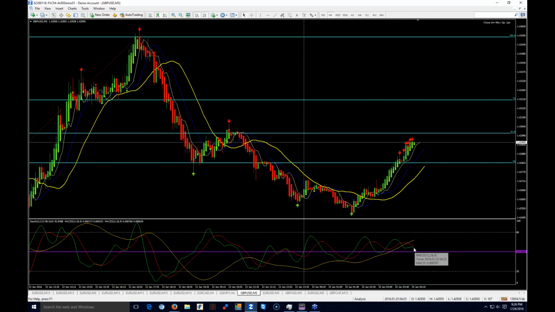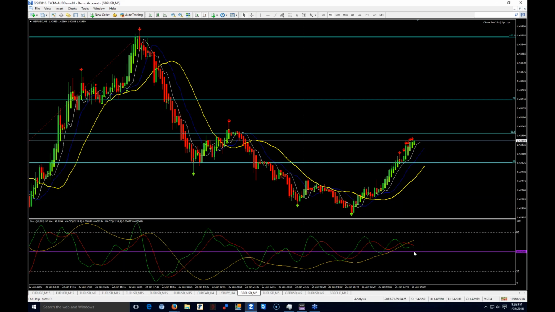But we do see our MACD green line is probably going to cross down below, which is going to signify a reversal. The only thing that's keeping it up is your MACD here. So that's keeping up the flow of this trend.